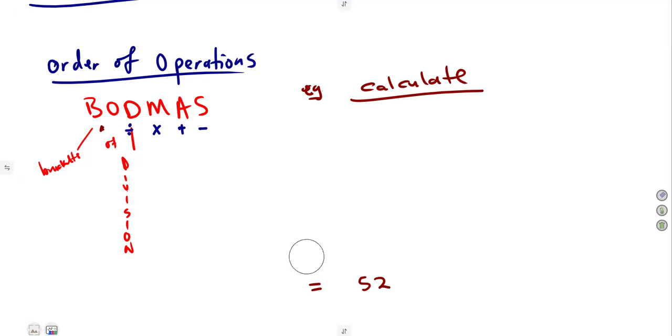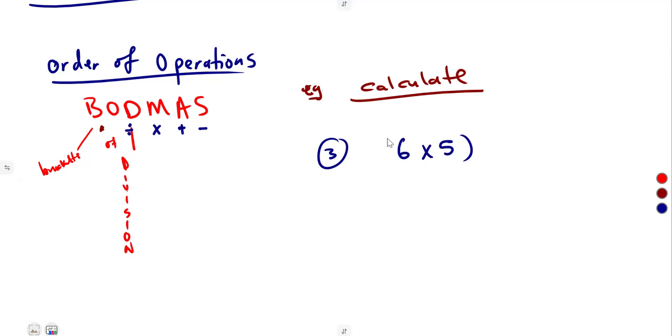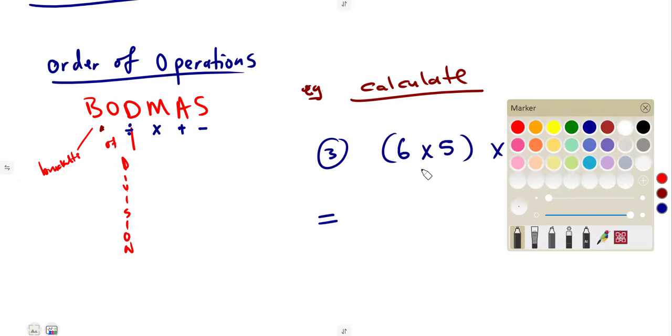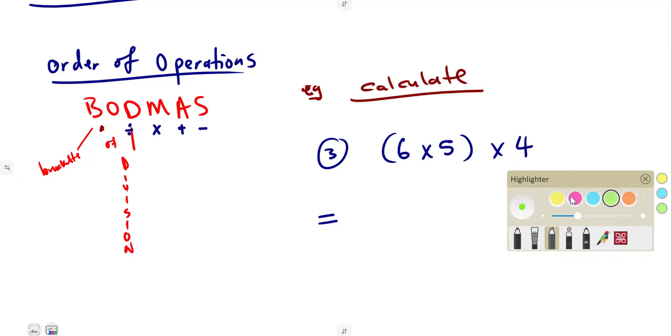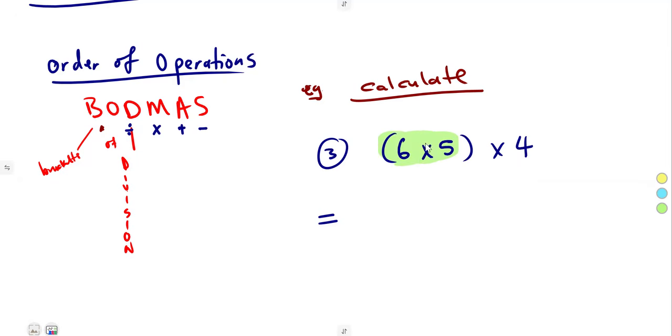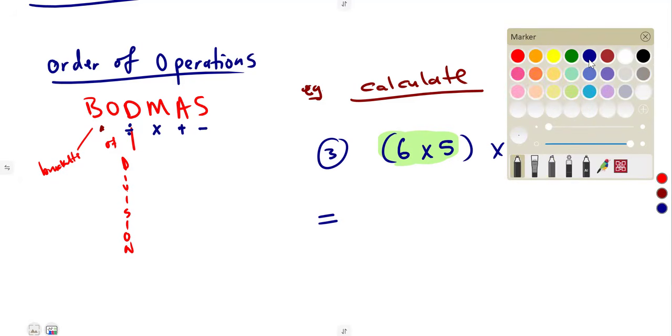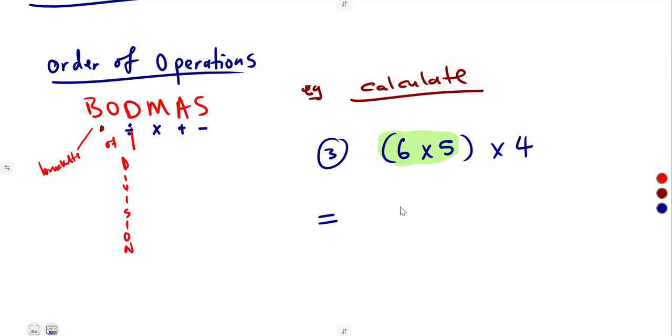Okay, just consider the brackets. Whether there is a multiplication inside, whether it is like this, 6 times 5, then times 4, like this. There is a bracket here. Consider what is inside. BODMAS, brackets first. So if you multiply here, what are you going to have? 6 times 5, that is 30, then times the 4 here.